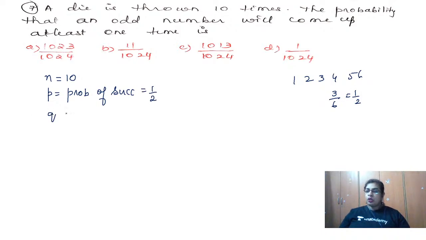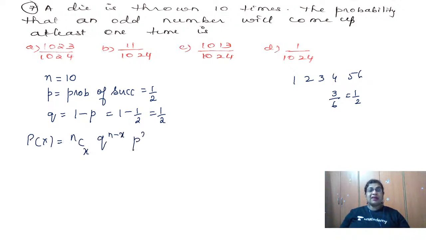And q is nothing but the probability of failure. So that is given by 1 minus p, which is 1 minus 1 by 2, which is also equal to half. Now, what is the formula given? P of x is equal to nCx q to the power n minus x p to the power x. This is the formula for binomial distribution, right? So substitute what you know. You know n, p, q.